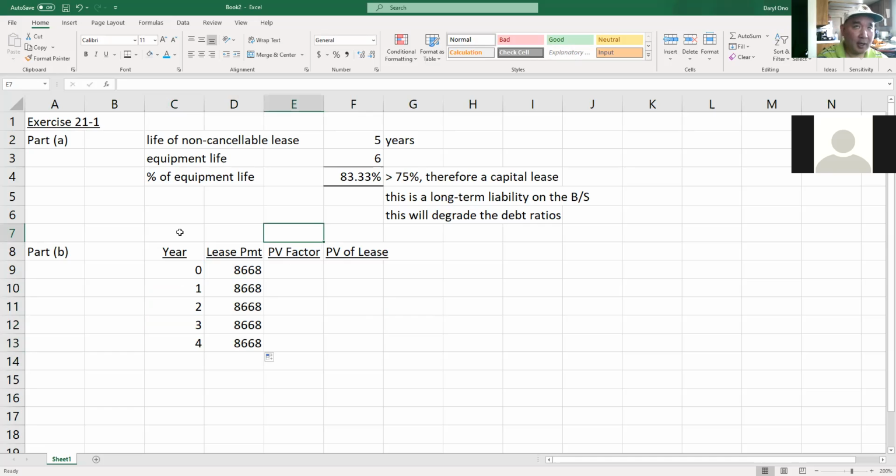We were given an interest rate of 10%. So the present value factor is going to be equal to 1 divided by 1 plus this 10% raised to the year.